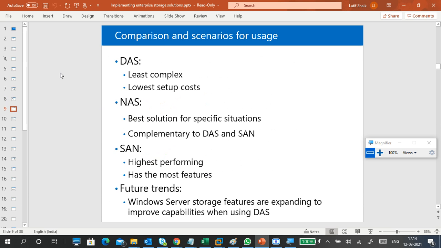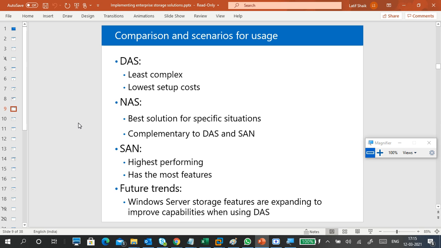Configuration is there. One guy is giving a free course, but you can try it. Cache, least complex, lowest setup cost, means directly attached storage. NAS is the best solution for specific situations, complementary to DAS, because it's central but not highly costly. It's okay cost, not much complex.